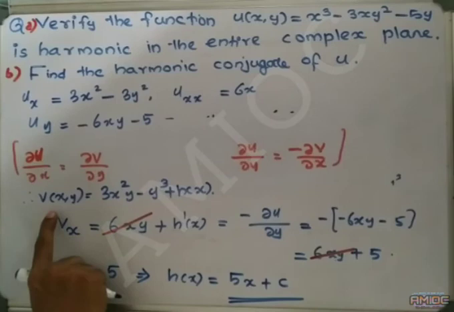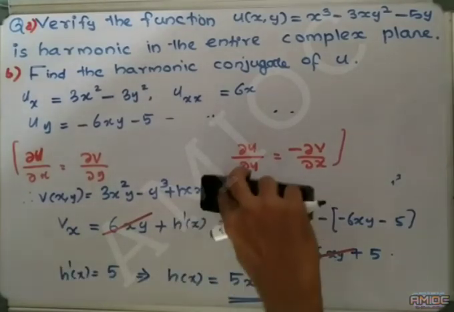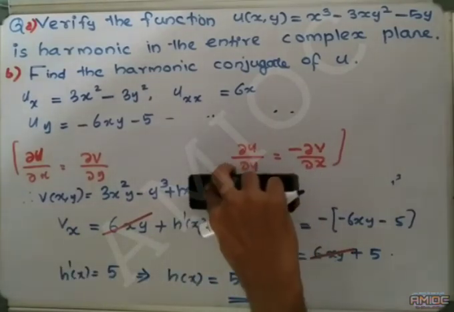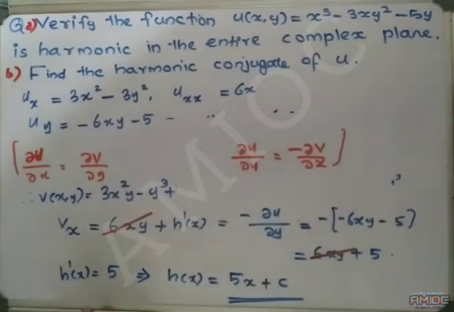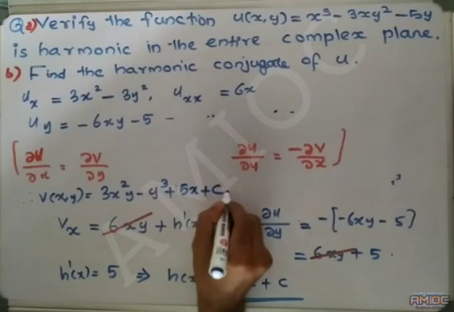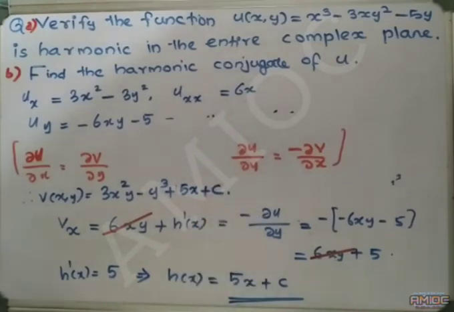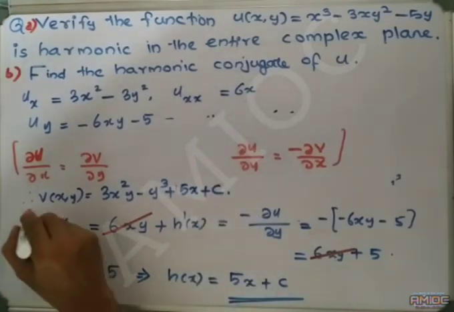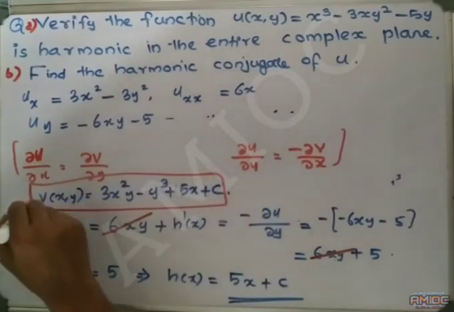Therefore, v of x, y is 3x²y minus y³ plus h of x, which is 5x plus c. This is our harmonic conjugate of the given function u.